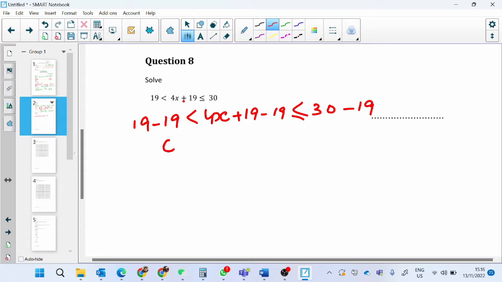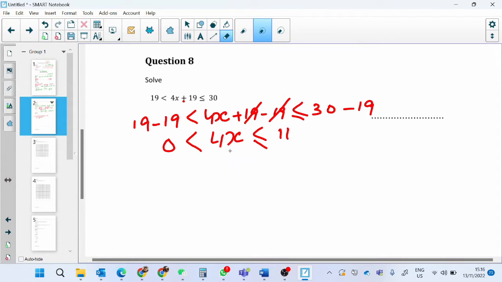So 19 minus 19 is 0, smaller than 4x, and then these two cancel out, smaller than or equal to 30 minus 19 is 11. Now we have to eliminate this 4 because we just need this unknown variable in the center.